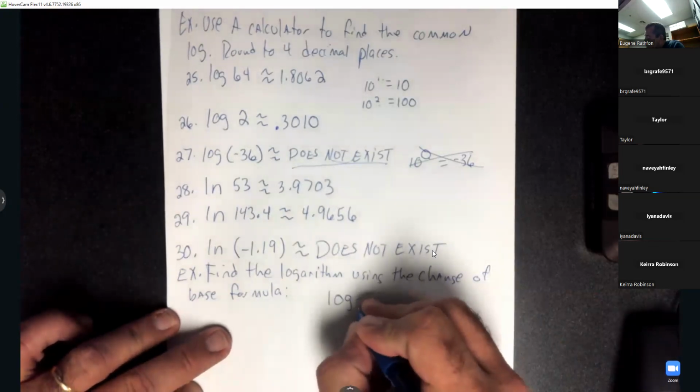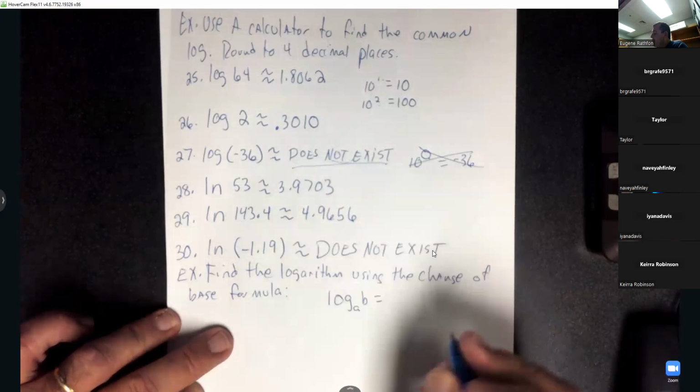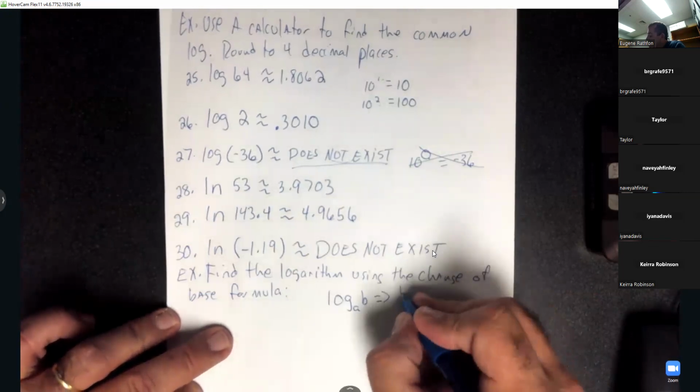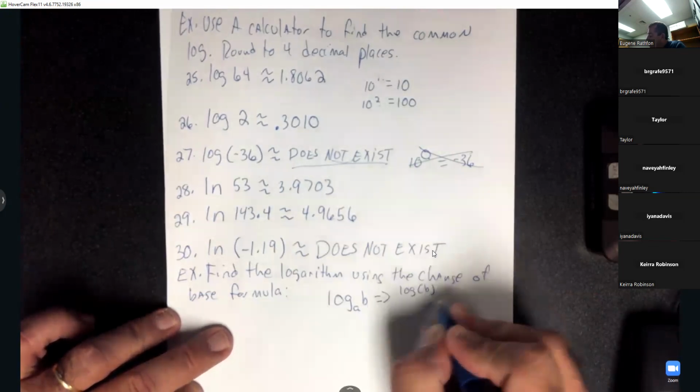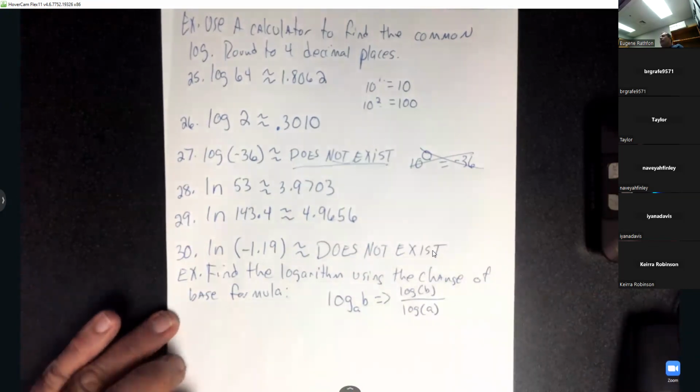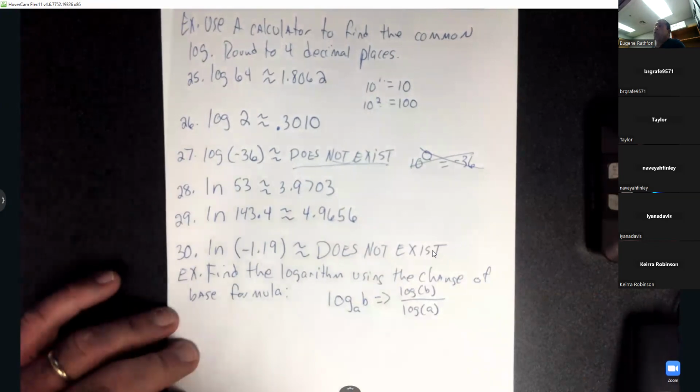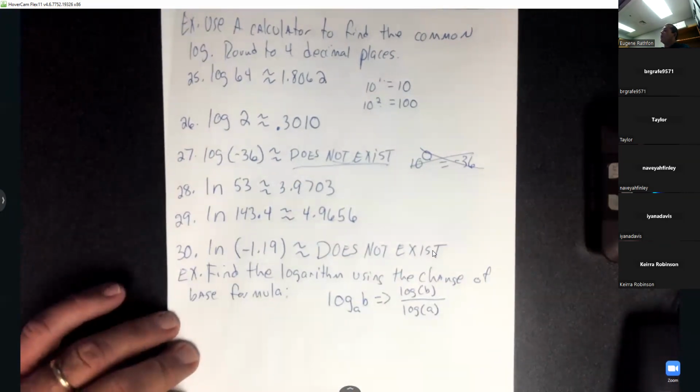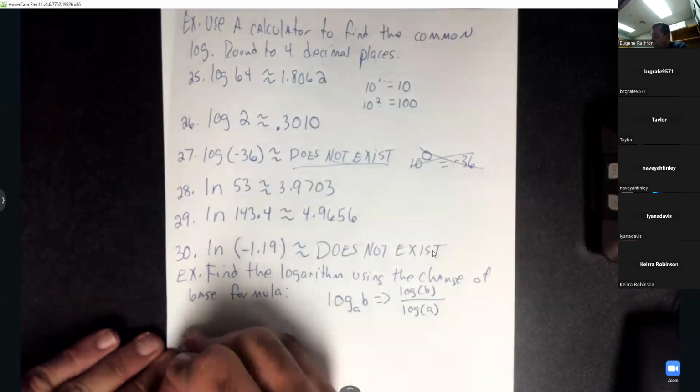So the log of A to the B, change of base is taking the log of the B, dividing by the log of the A. So it's what I was showing y'all earlier for the people with the older calculators. It's always the log of the result over the log of the base, okay?